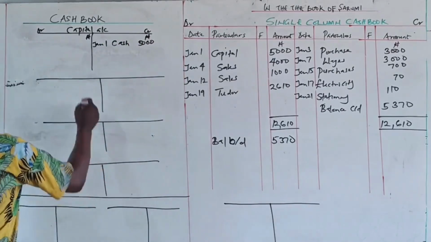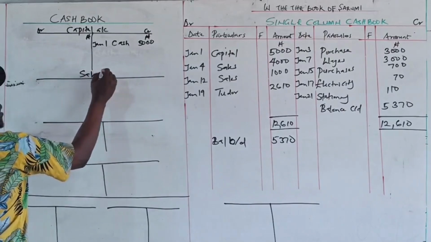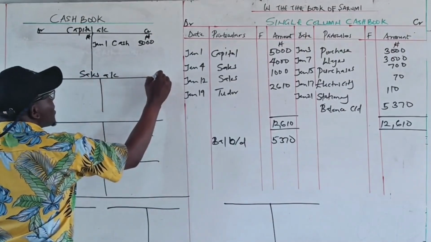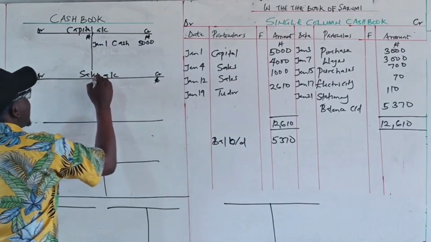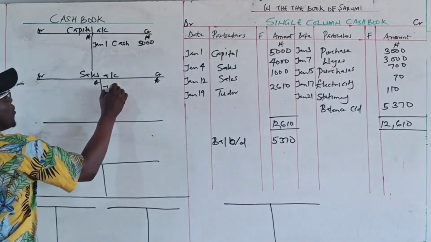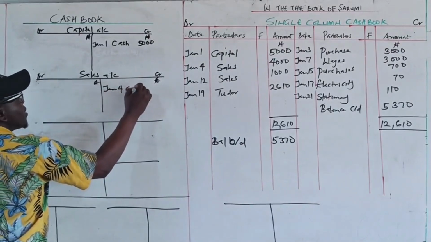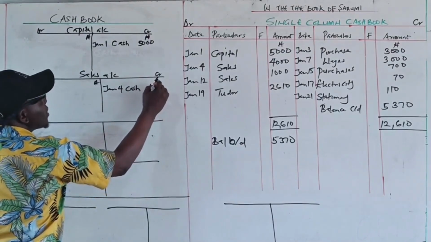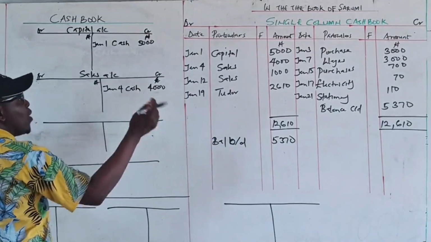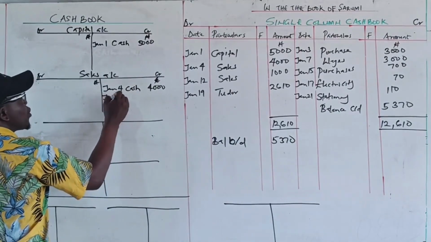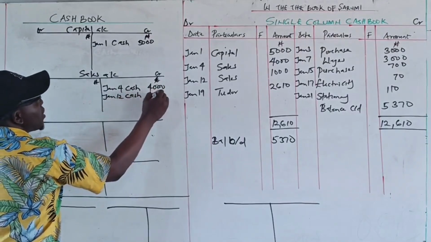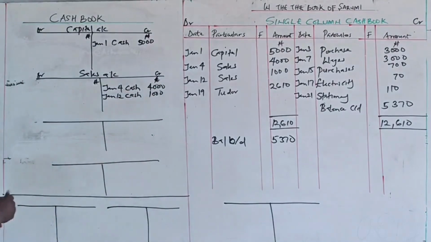So the next one is my sales account. So I include my credit and my debit and my naira sign. So after putting my currency sign, I have January 4, cash, 4,000 naira. And I have another transaction on sales, which is January 12, cash, 1,000 naira.